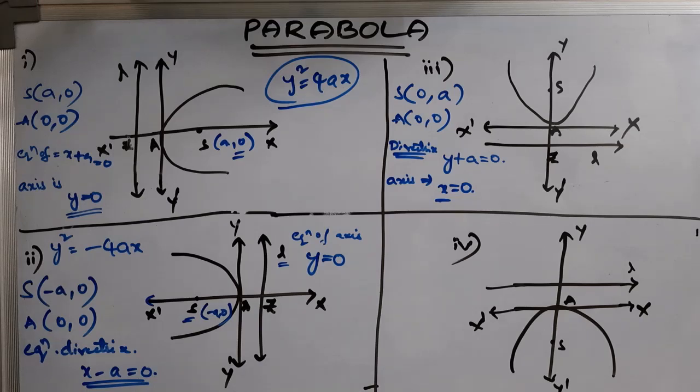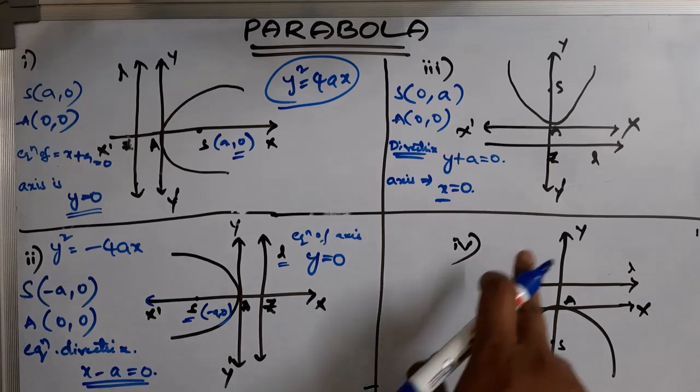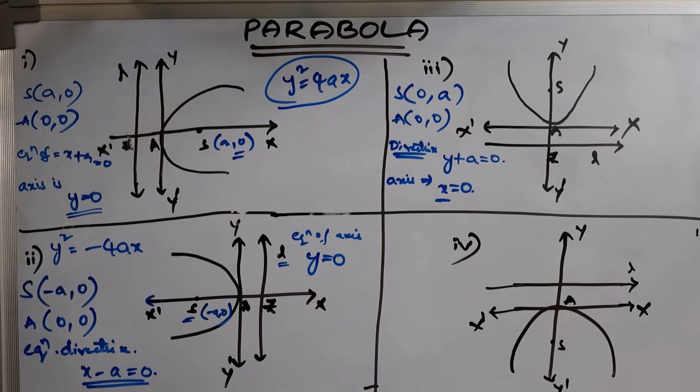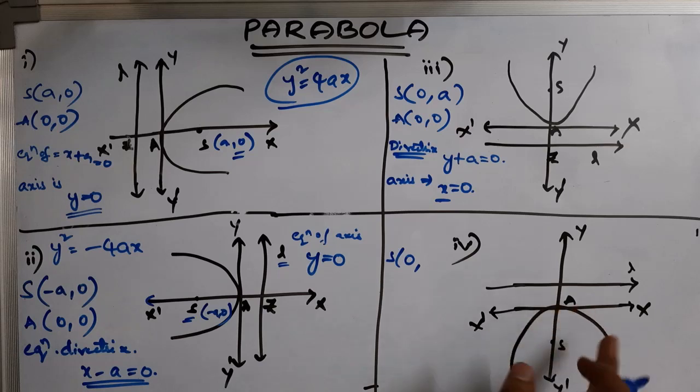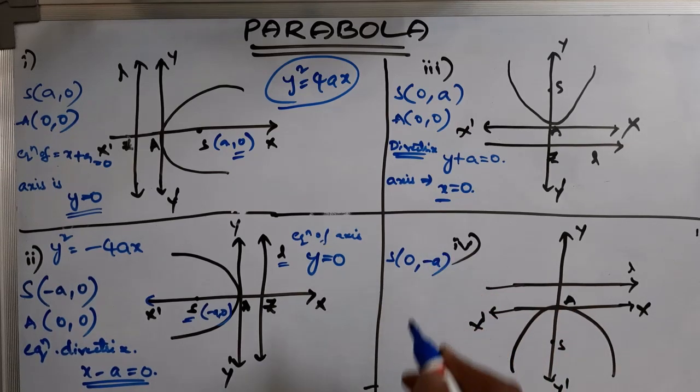Yeah. The next, fourth type. In the fourth type, the parabola lies on the y-axis itself, but in this case the parabola lies on the negative side, and it does not belong to the x-axis, it lies on the y-axis, so the focus always has x coordinate 0 on the y-axis and it is in the negative direction, so the value is minus a.